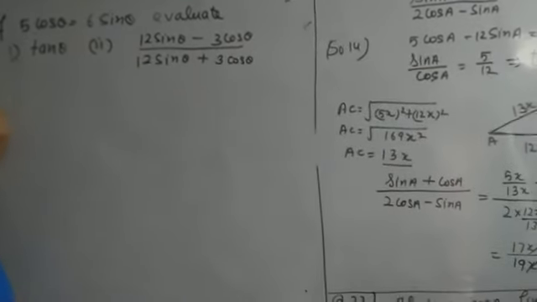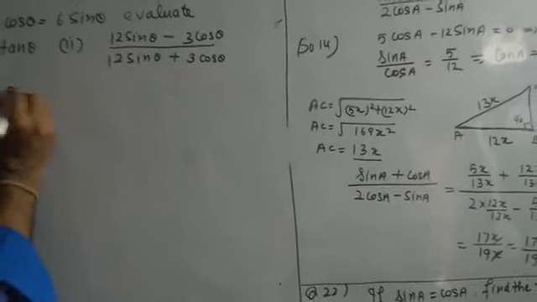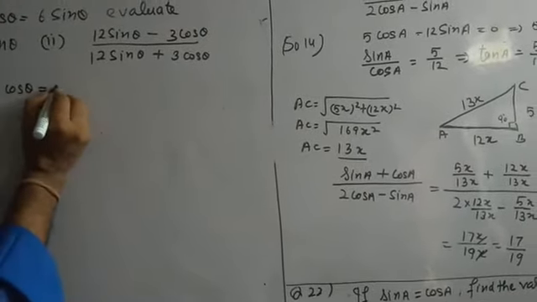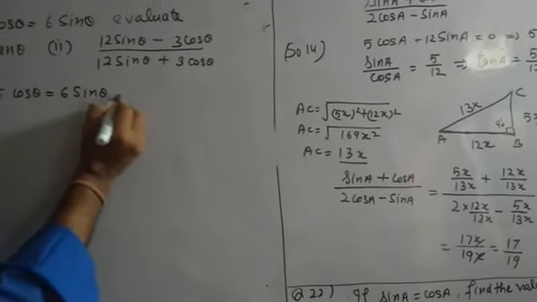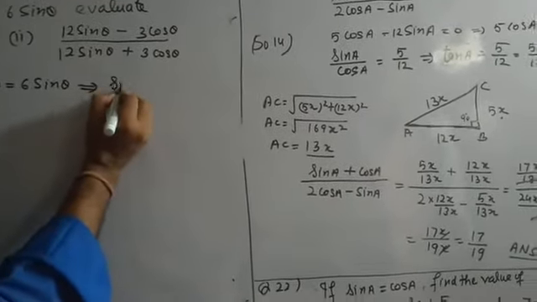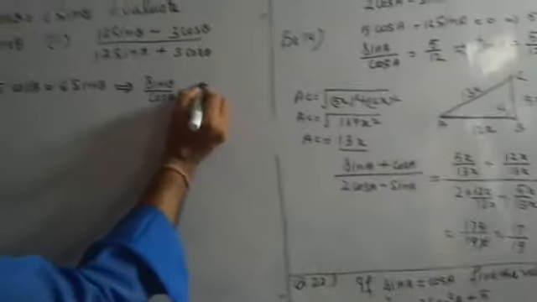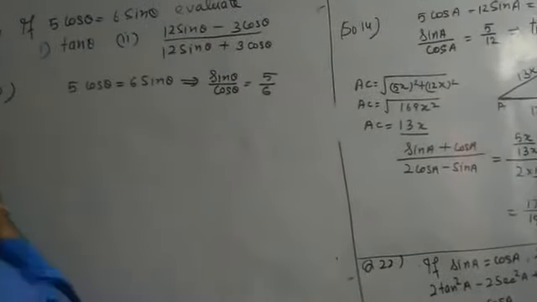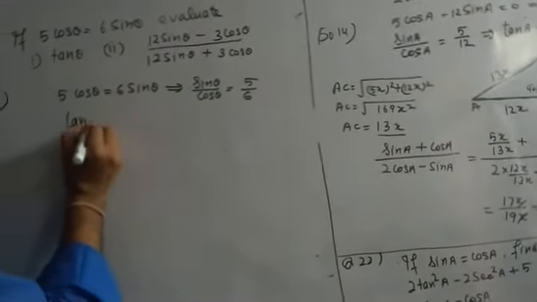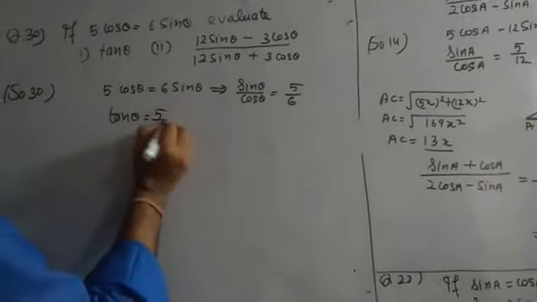Solution 30. 5 cos theta equals 6 sin theta. You may write this as sin theta by cos theta equals 5 by 6, or you can say tan theta equals 5 by 6.